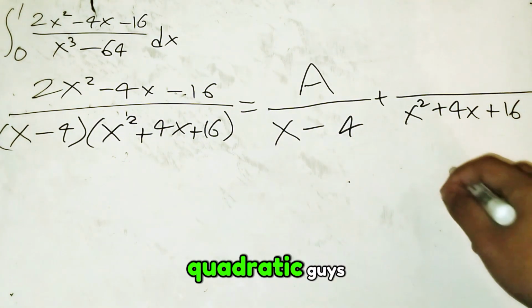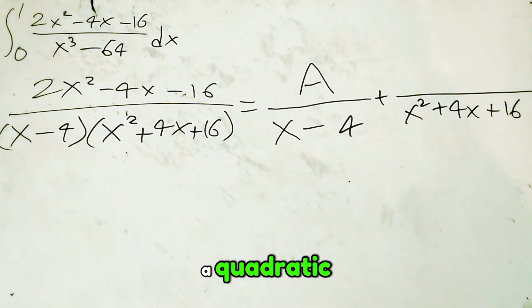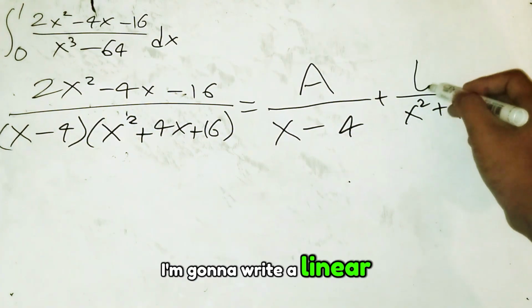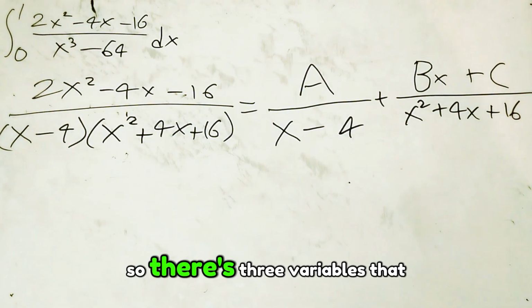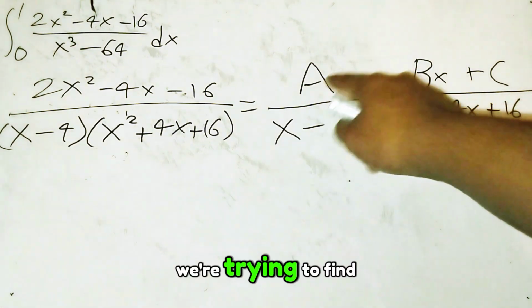And because it's a quadratic, guys, don't forget, if we have a quadratic, I'm gonna write a linear function up here, bx plus c. So there's 3 variables that we're trying to find.